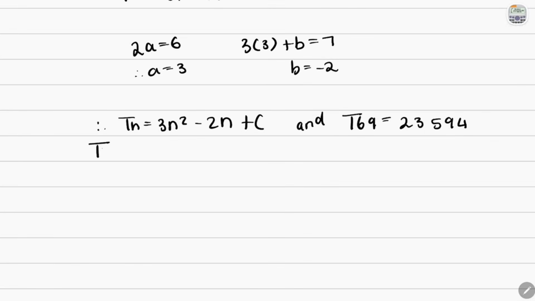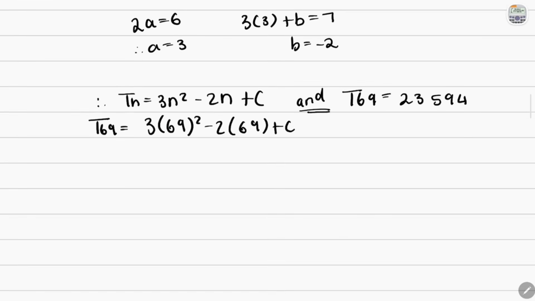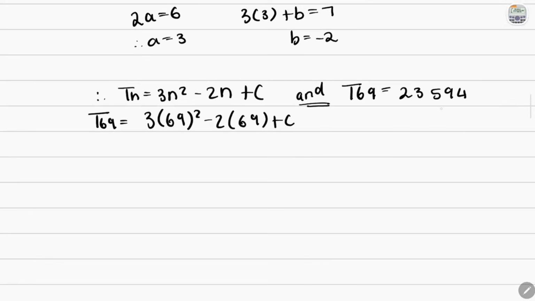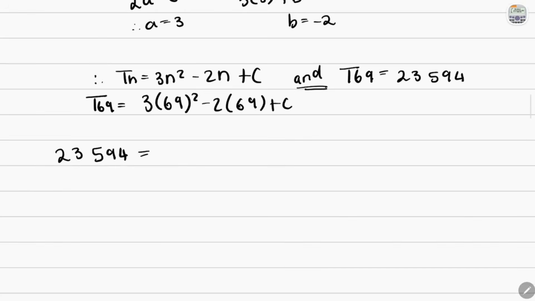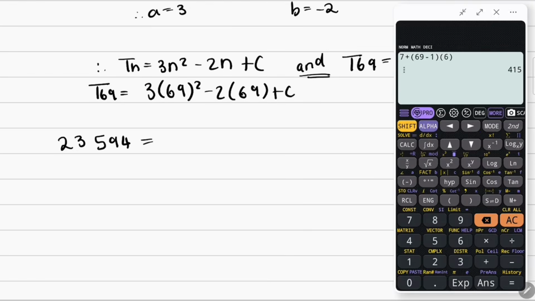And so we're saying term 69 equals 3 times 69 all squared minus 2 times 69 plus c. I'm not even going to try to calculate this with my head. I'm just going to use the calculator. And then in place of term 69, we substitute this number, 23,594, since it's equal to term 69. Okay, yeah, that's going to get us to the answer at least.